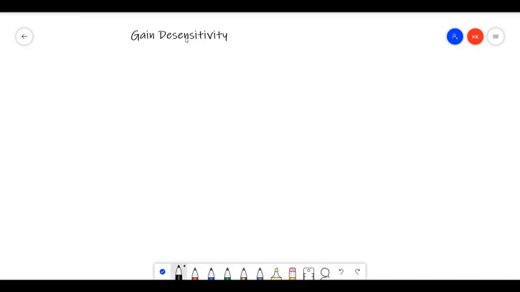Gain desensitivity means that if there is a large change in the open loop gain A in a negative feedback system, it will only cause a small change in the closed loop gain. So this is what gain desensitivity is.